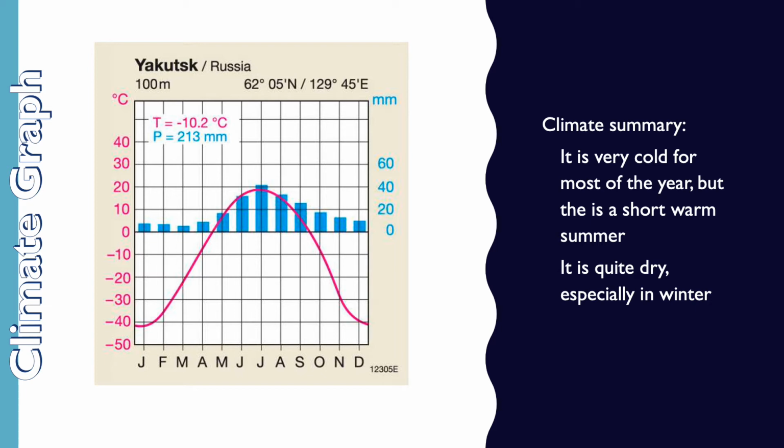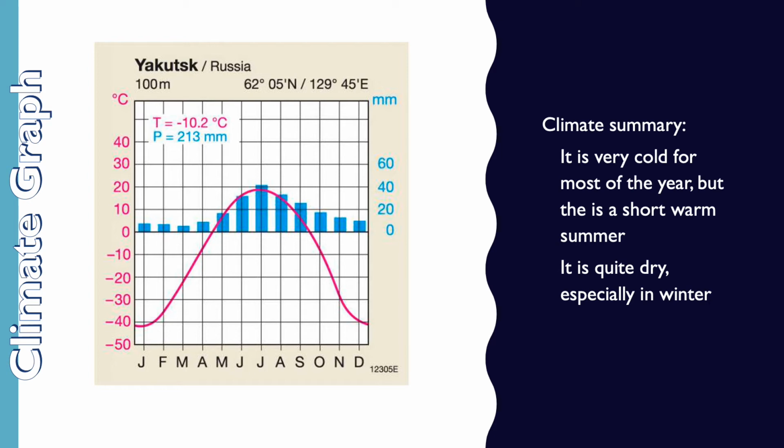We've then got a short summer, which is actually quite warm. And it's quite dry all year round, particularly in winter. So this is the climate of the tundra. It's cold and quite dry.